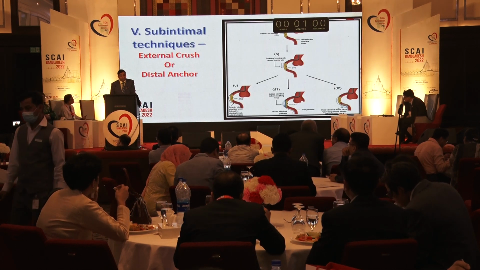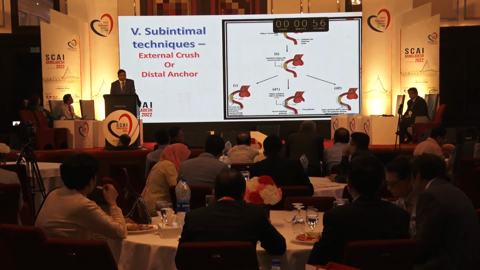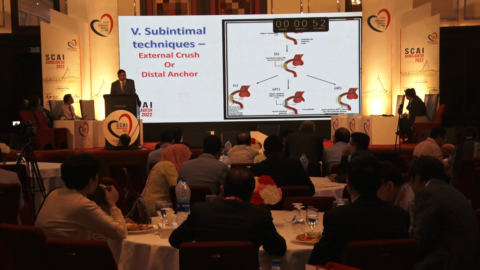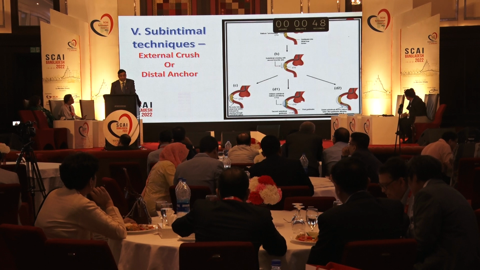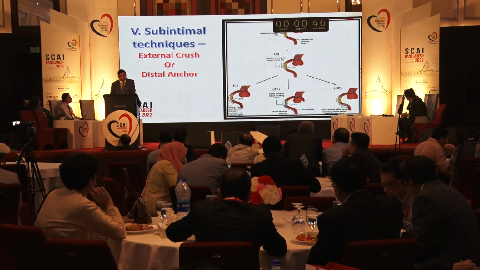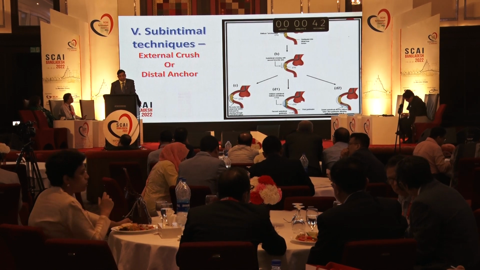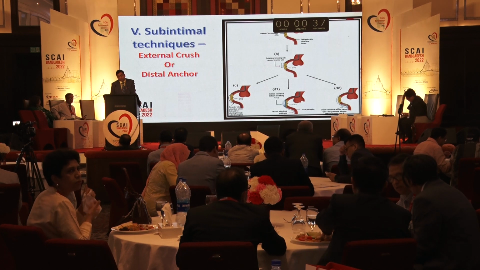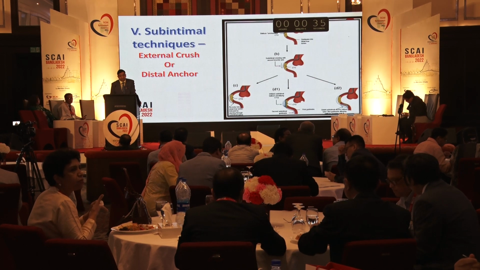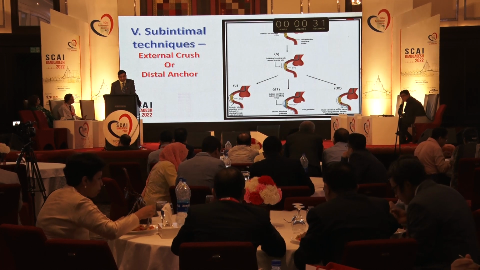And last are the subintimal techniques, in which we cross the lesion and another wire is placed in a looped fashion across the subintimal area, and then that subintimal area is externally crushed with a small balloon to either modify the lesion or let it be passed across. A distal anchor is done to anchor the distal wire and let the lesion be crossed from the proximal side with the wire that was placed earlier.